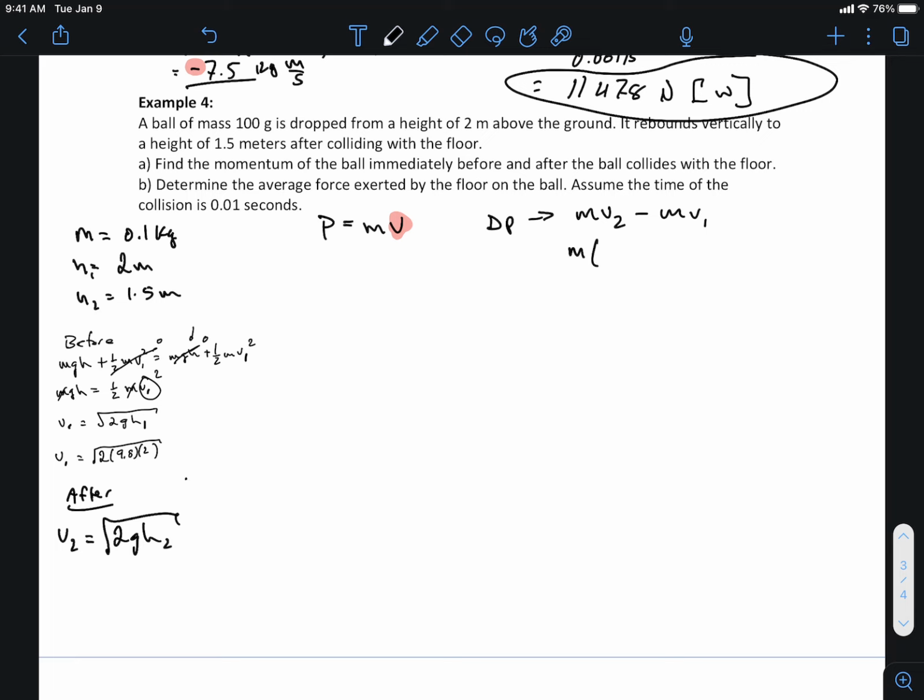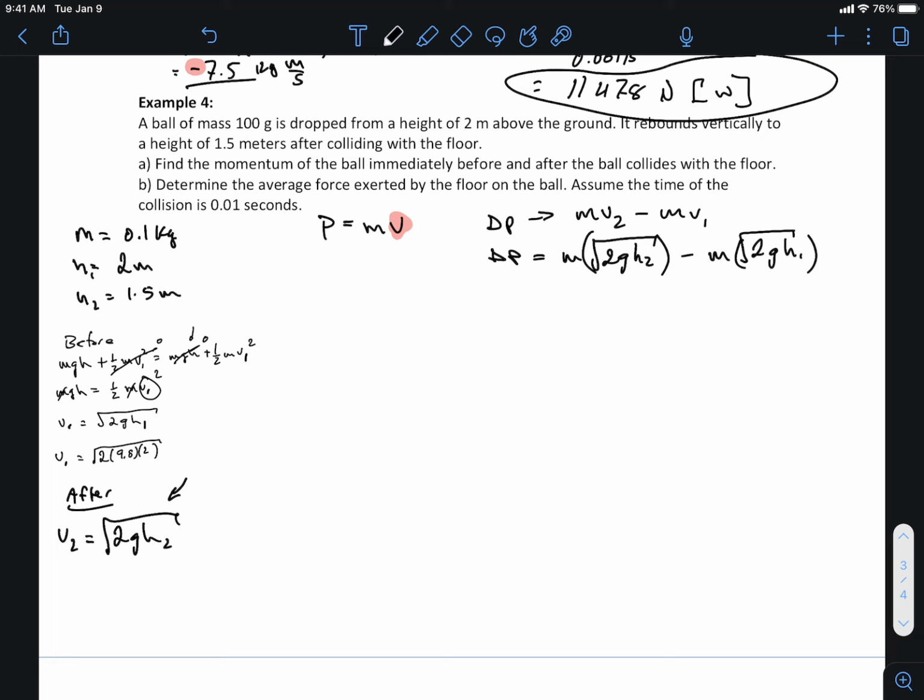V2 we know is going to be the square root of 2 times G times H2, minus, we have to subtract off m and what the V1 was, the square root of 2GH1, right? Now you could plug in your numbers and have no problems. We're going to find the change in momentum here, right? Because that's what it was asking for. Find the momentum immediately before and after. Oh, okay.